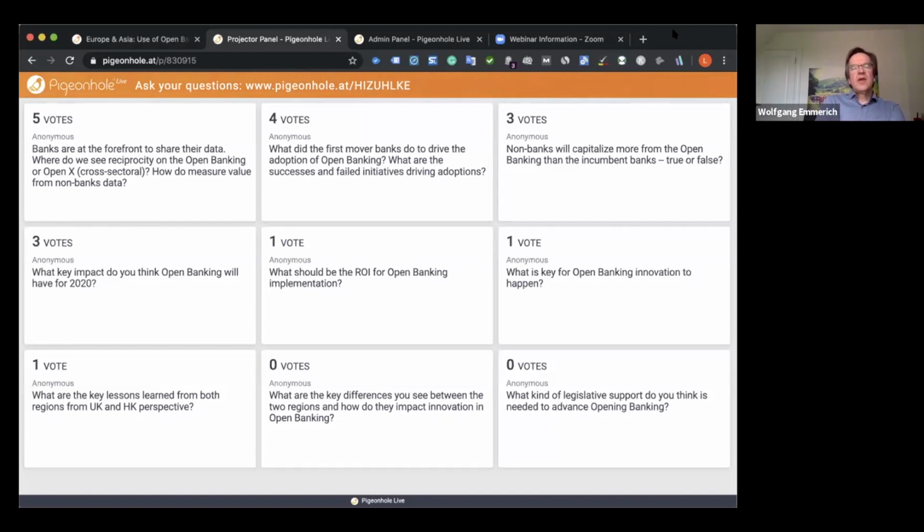So if they had a choice, the large banks, certainly in the UK, would not have freely implemented any open banking APIs. I think they broadly saw this as a cost with almost no upside potential.